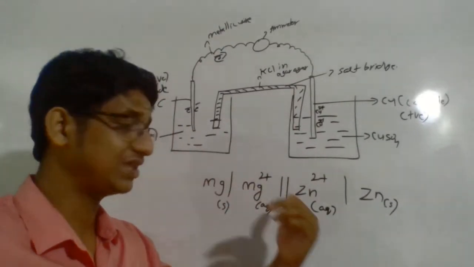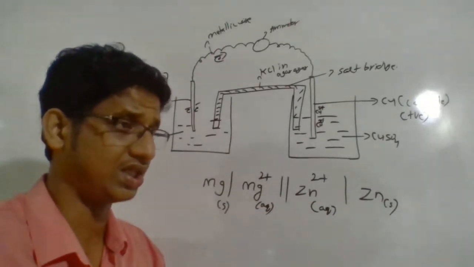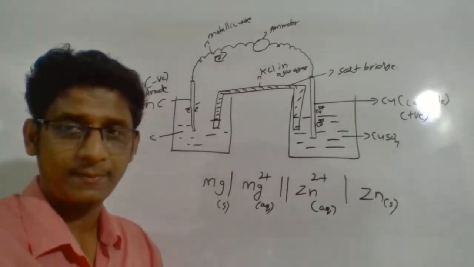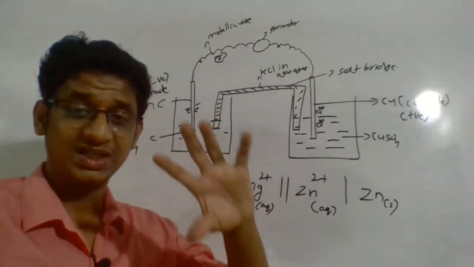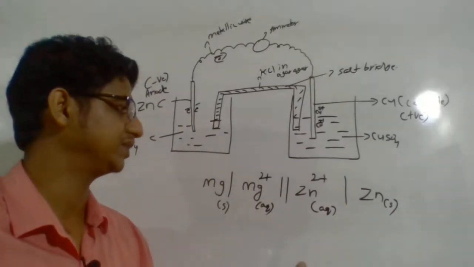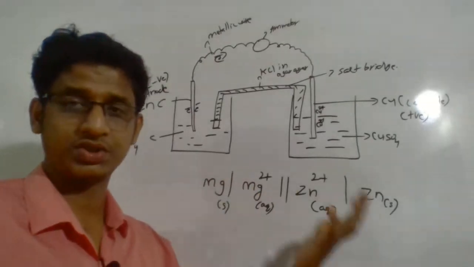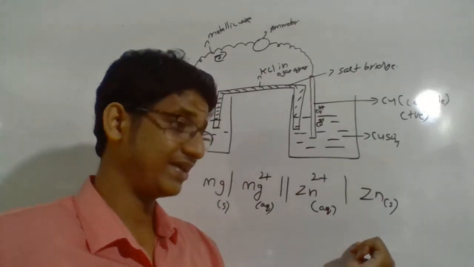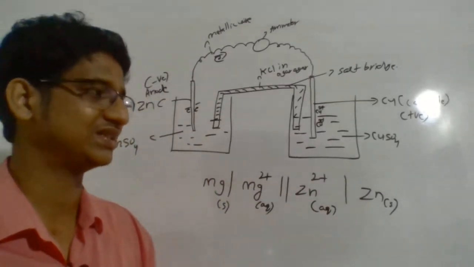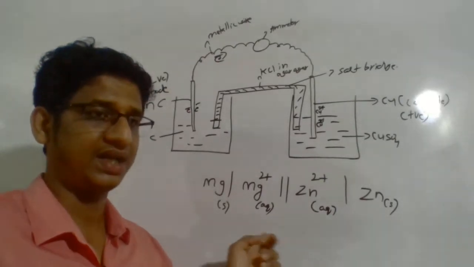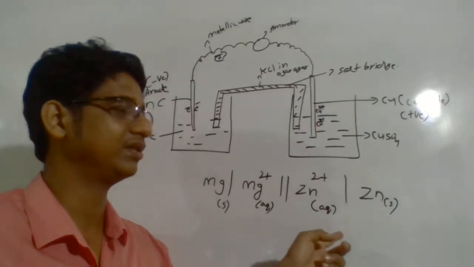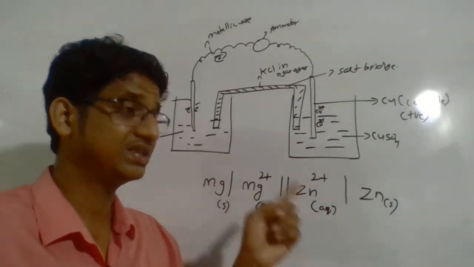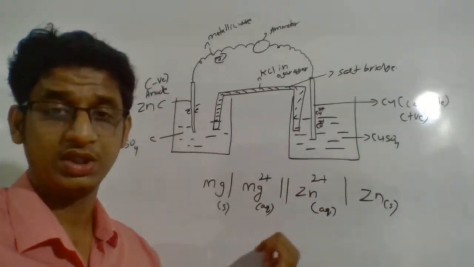So we saw zinc has a tendency to undergo oxidation when it is connected with the copper. But when magnesium electrode is connected with the zinc, you can see the tendency is just the opposite, where magnesium undergoes oxidation and zinc undergoes reduction, which obviously suggests that the standard reduction potential value of magnesium will be less, standard reduction potential value of zinc will be higher compared to magnesium.